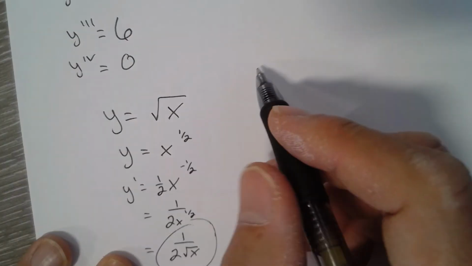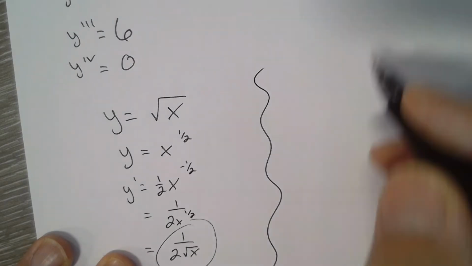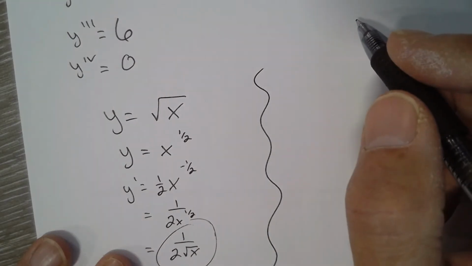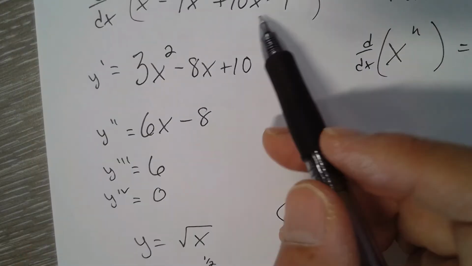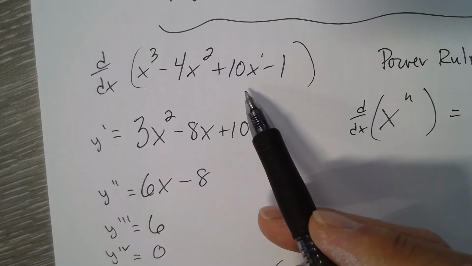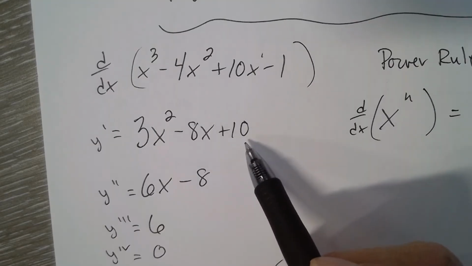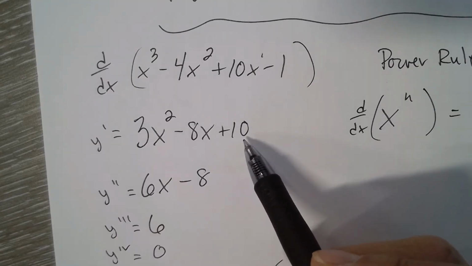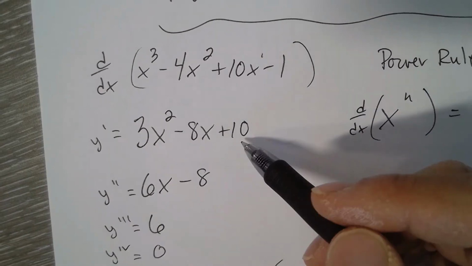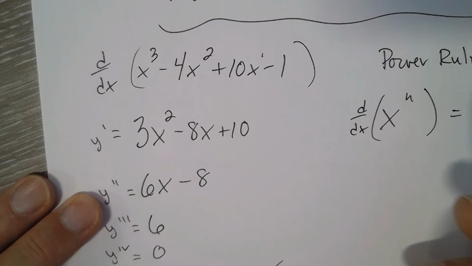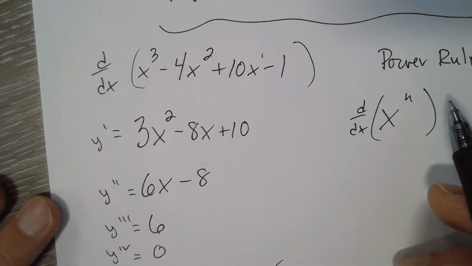So when we took the derivative of that polynomial from above, and when we did the 10x one, it just turned to 10. So why wouldn't it do the same thing with the square root of x? His question is, the 10x became 10. Why doesn't that work with the square root of x?